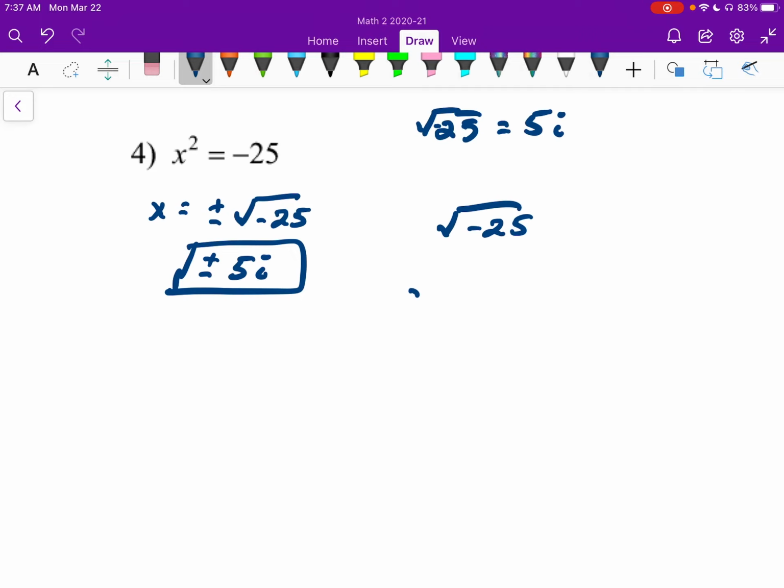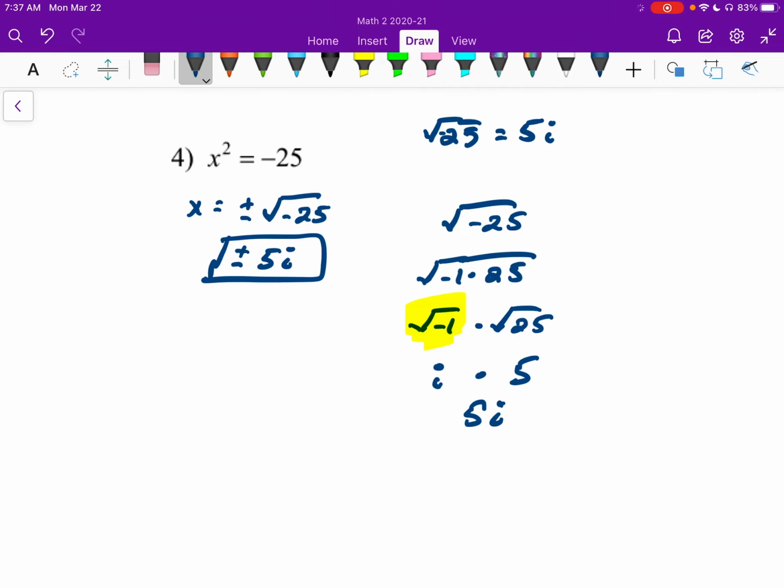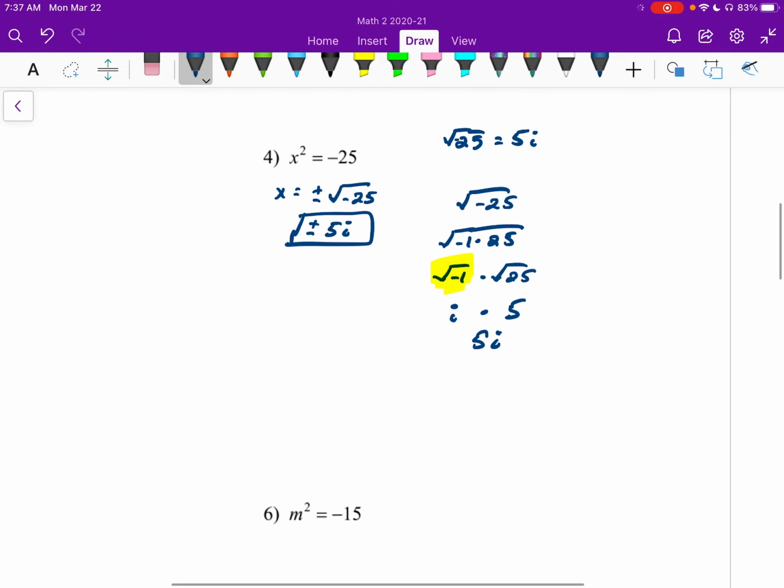We split this up into root -1 times 25, which is the same thing as root -1 times root 25. This is i, and the other piece is 5. That's another way to think about that. You treat i like it's a variable. Anytime we have to combine like terms or anything like that, you treat i like a variable.